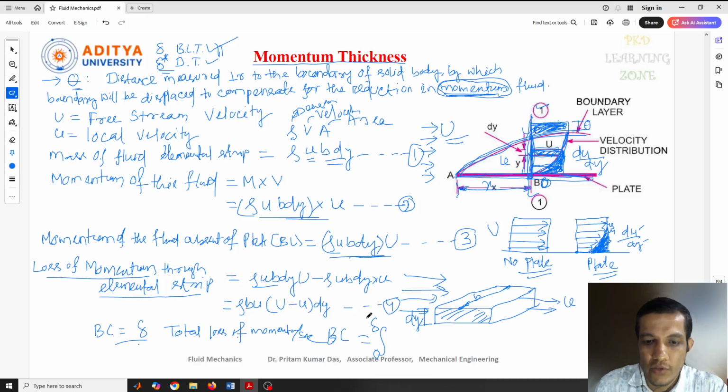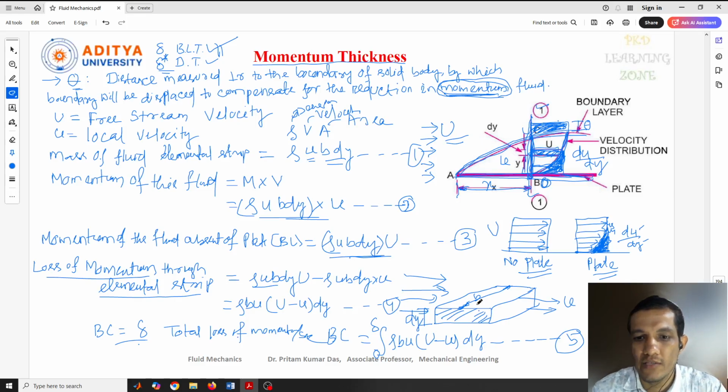So the equation is the integral of rho b u (capital U minus small u) dy, given as equation 5.